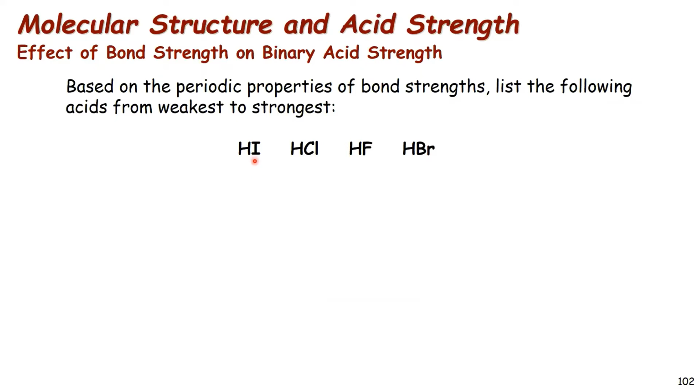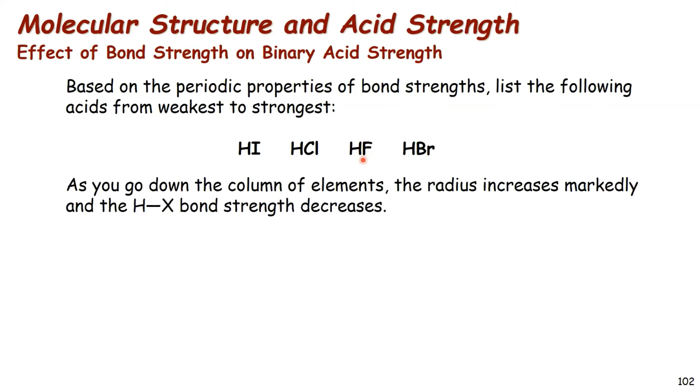So iodine's the biggest, so it's going to be the weakest acid, followed by hydrobromic acid, followed by hydrochloric acid, and then finally hydrofluoric acid would be the weakest acid, right? So this is the strongest acid, next to strongest, then this, and then hydrofluoric acid would be the weakest.